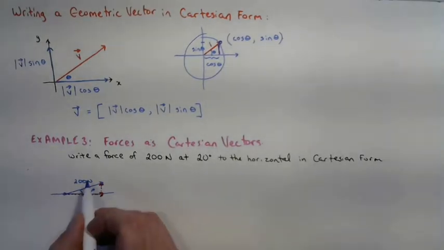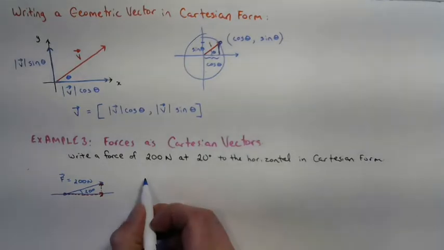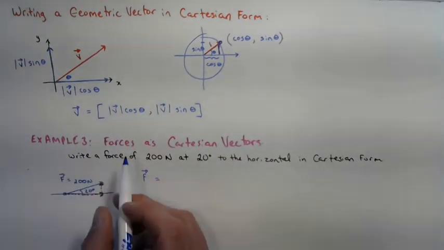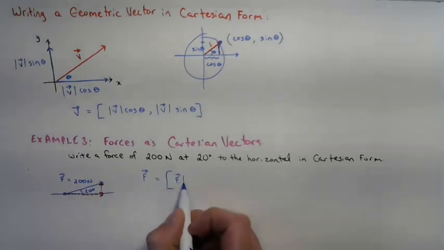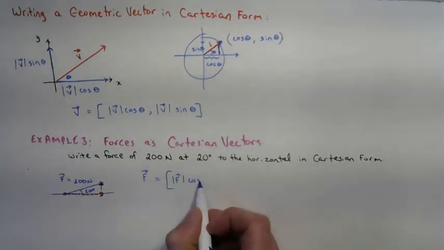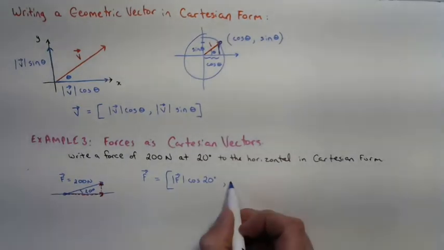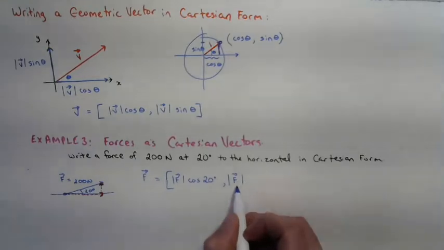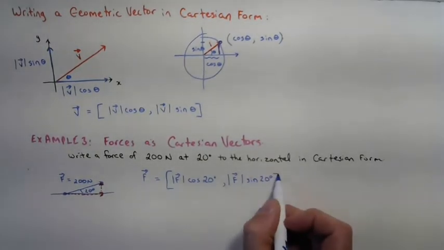So here we go. This is vector F, and vector F then is the absolute value of F times the cosine of 20 degrees, and its y coordinate is the magnitude of F times the sine of 20 degrees.